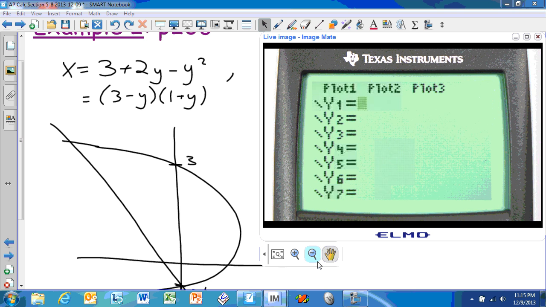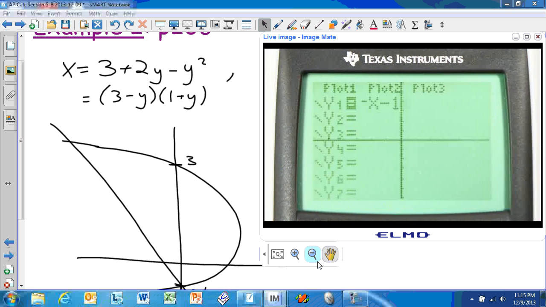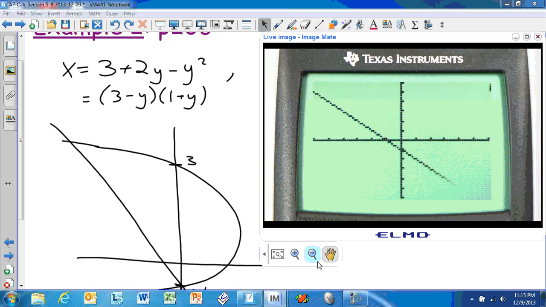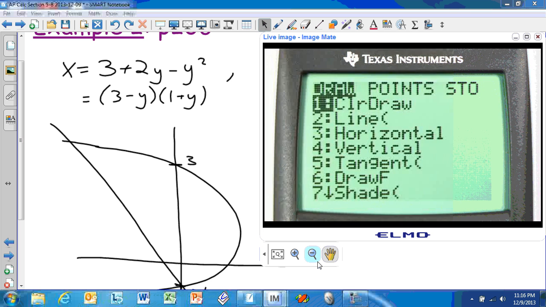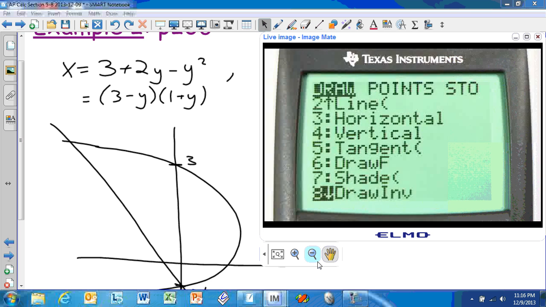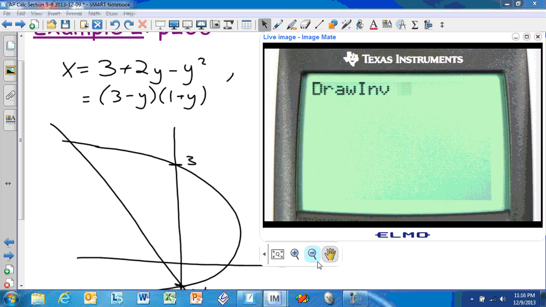And let's go ahead and in y1, put in the linear function, negative x minus 1. We can get that to show up first. And then if you want the inverse of the graph y equals 3 plus 2x minus x squared to show up, under your draw menu, second and then your program button, you have a command called draw inv, which will draw the inverse of a function.